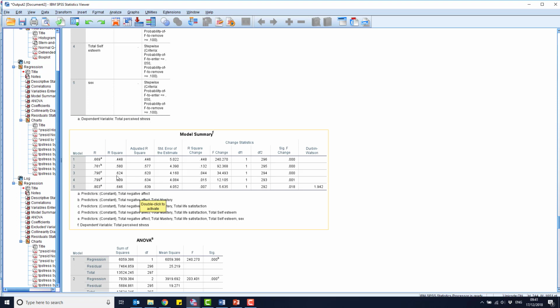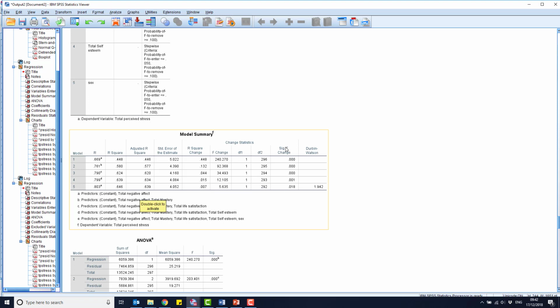The third model, 62%, includes total negative effect, mastery and life satisfaction. The fourth model, 64%, adds self-esteem. And the fifth model includes sex as well, and that's 65% of the variance. We can see how it's built up, and the fifth model is where it stopped.